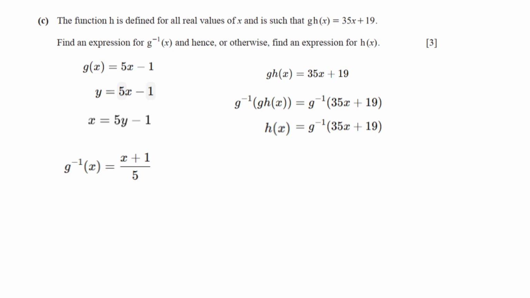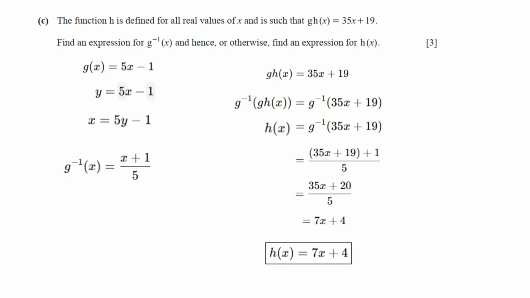Now in g inverse of x, for x substitute 35x plus 19. So we get 1 over 5 times 35x plus 19 plus 1, which is 1 over 5 times 35x plus 20, which is equal to 7x plus 4. So h of x is 7x plus 4.